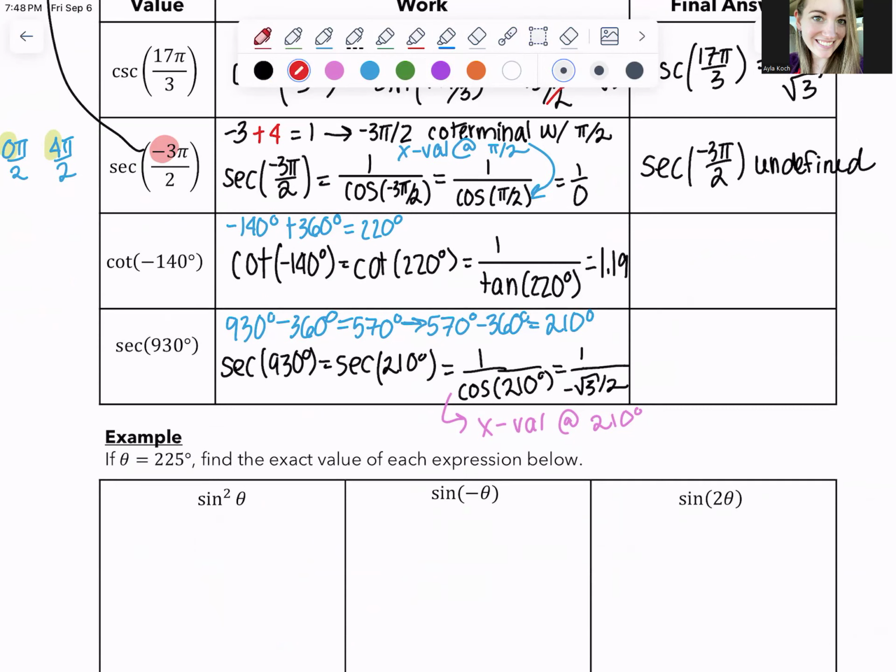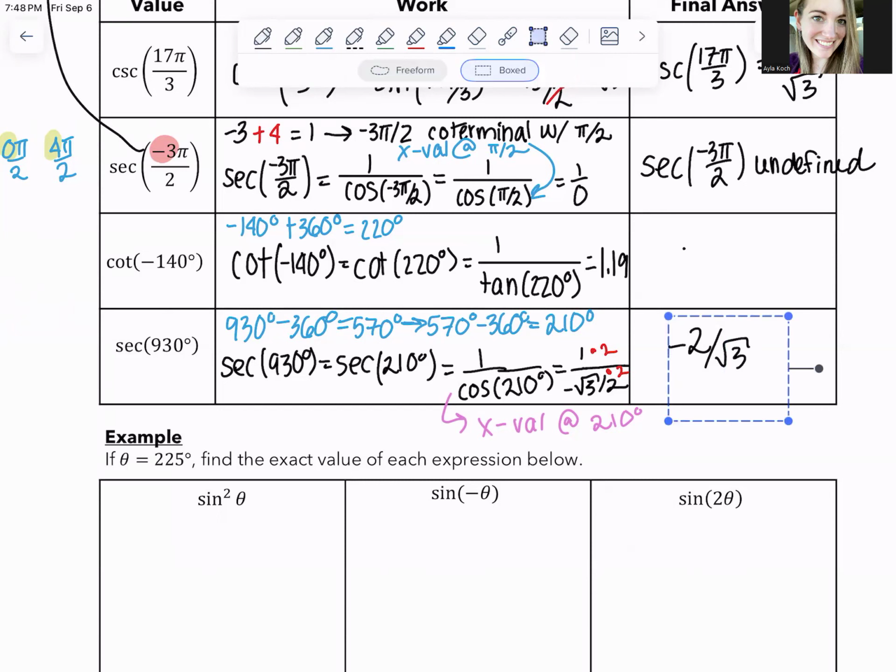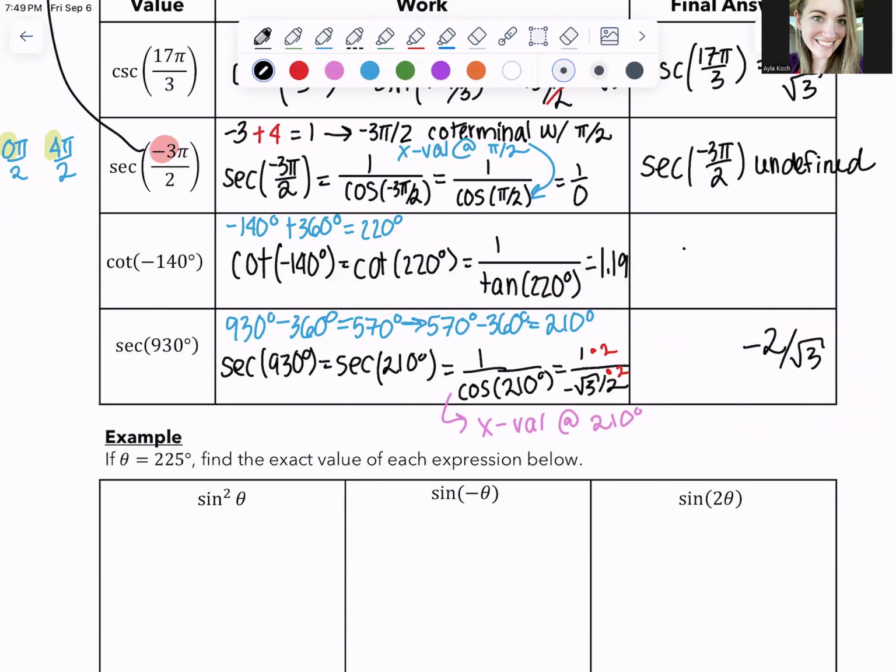I would clean up the answer a little bit, multiply by 2 on the bottom and top, and then you would get negative 2 over root 3. And I wouldn't bother rationalizing. So secant of 930 is equal to that. Cotangent of negative 140 is equal to 1.19.